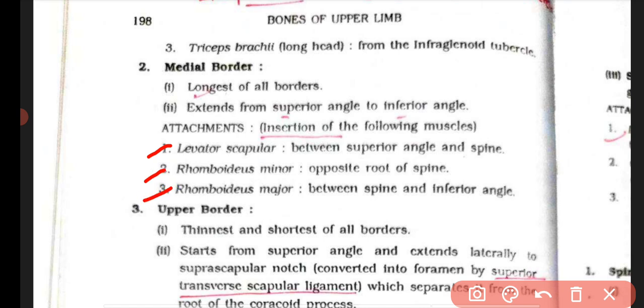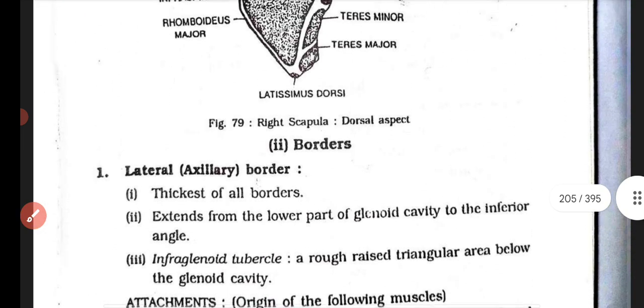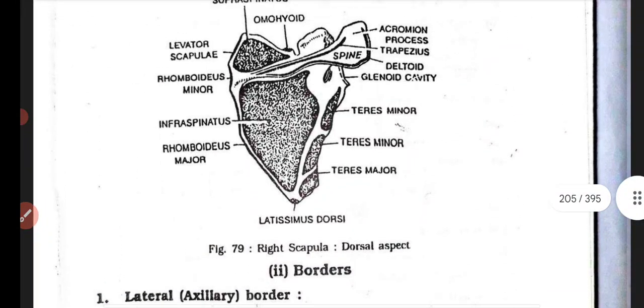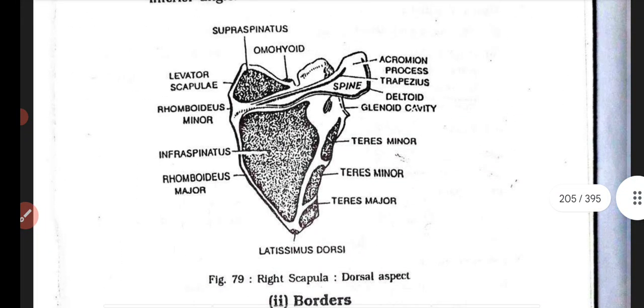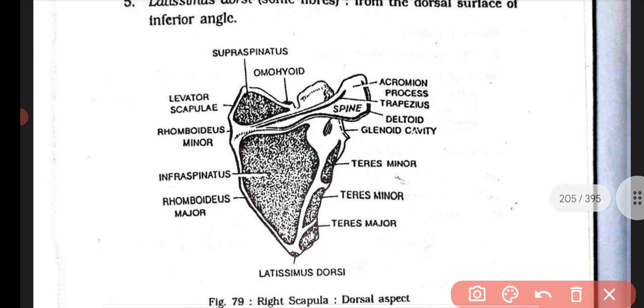The levator scapulae lies between the superior angle and the spine. This one is the superior angle, and this one is the spine.